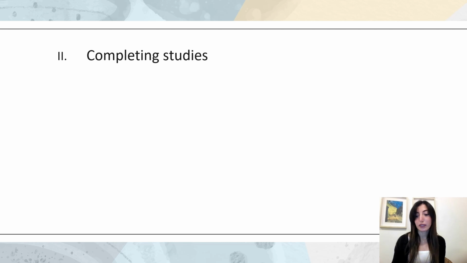In terms of completing studies, as I mentioned, we're going to have a combination of online as well as lab-based studies. All of these will be posted on SONA, which is the platform that we use to post studies. So even those doing research alternative will have their sessions posted on SONA itself.